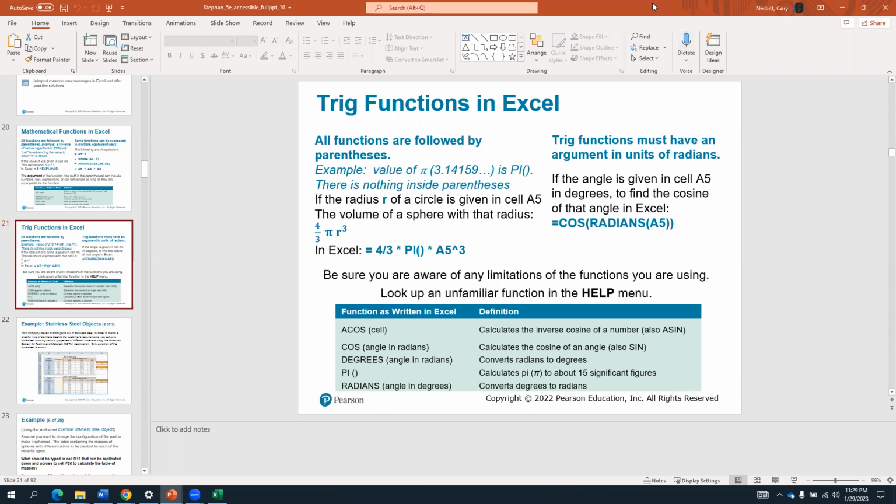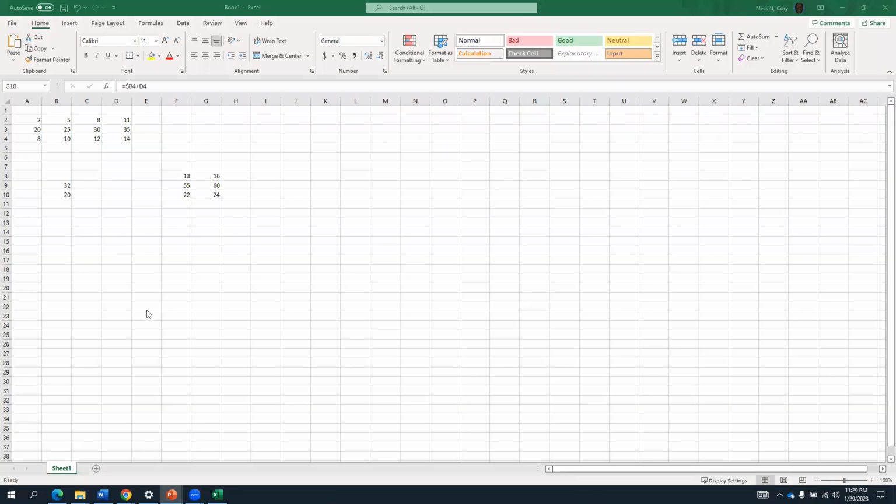All right, so let's look at that. A5 doesn't have a number in it, so let's give it one. All right, now it has one. And then we're going to say equal. How do we want to do it? Let's just pick one.